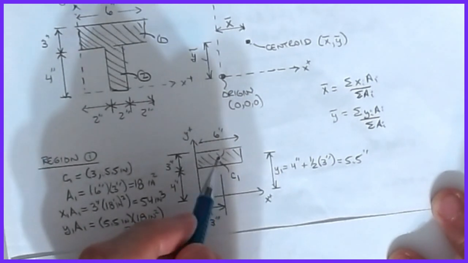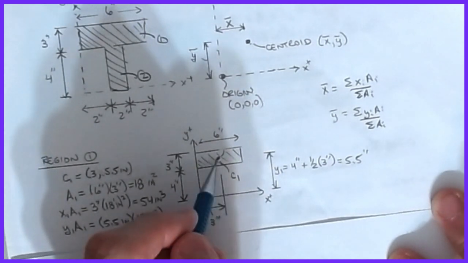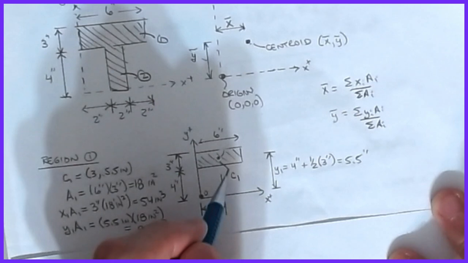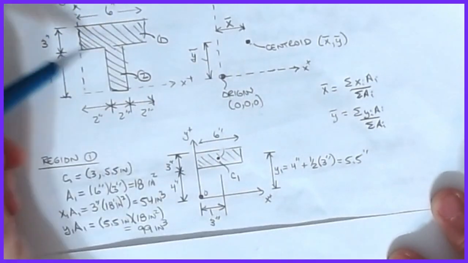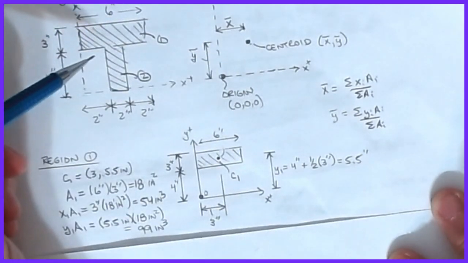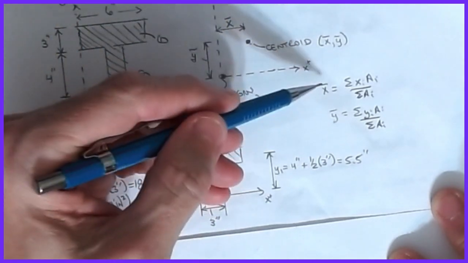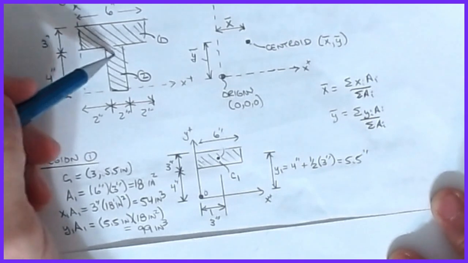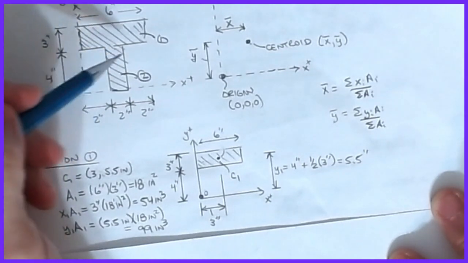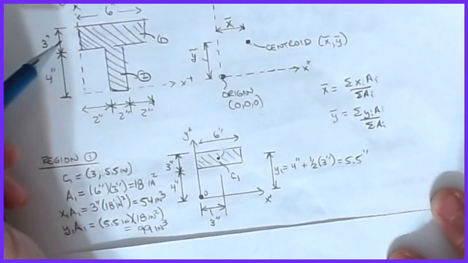It's a rectangle. We know that the rectangle's centroid is located at the middle of the area. It's not so easy to find for this other shape. That's why we like to break these things down: I can work with something that I know, and then we can combine all of these through these two equations to find the location of the centroid of some irregular shape or some combined shape.